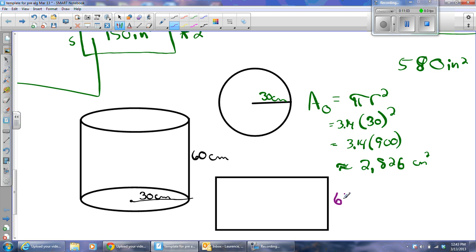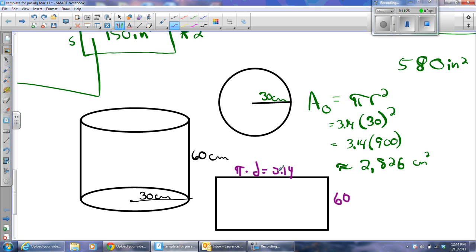But the base is going to be the circumference. So I need to do pi times the diameter. Now in this problem, the diameter ends up being 60 as well.